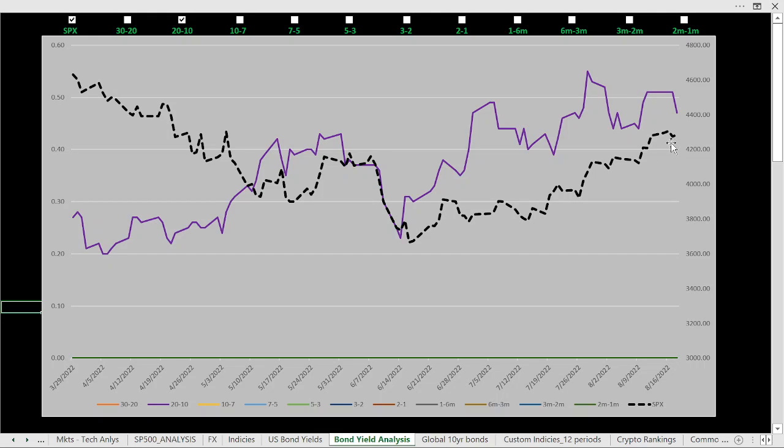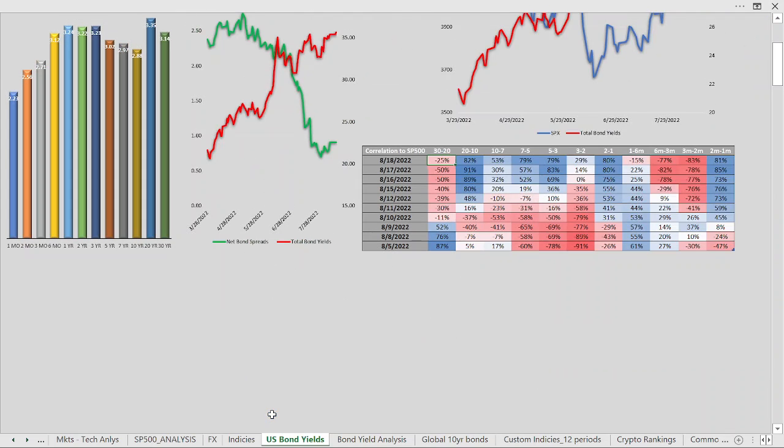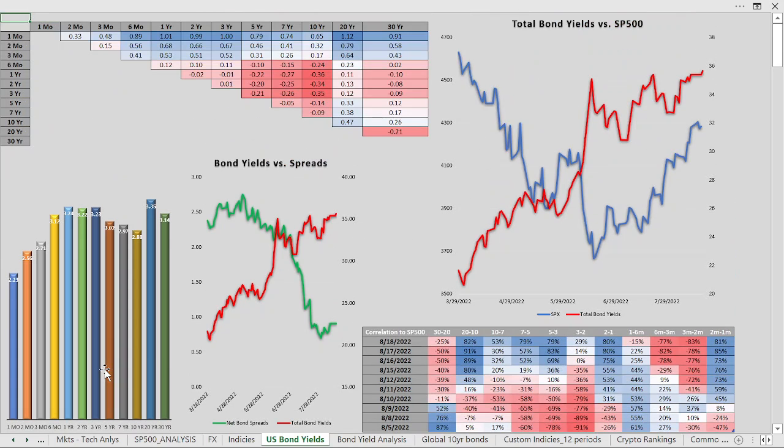If that begins to dissipate and we start to see that the yields on the shorter-term bonds really start to move a lot higher than the longer-term bonds, such as, for example, the 3.23 yield on the 3-year bond, if that starts to really fall apart and the shorter-term bonds, like the 1-year, tend to overtake that, that could tell us that maybe more imminently an economic downturn could be in our future. At least that's what the numbers at this point suggest.